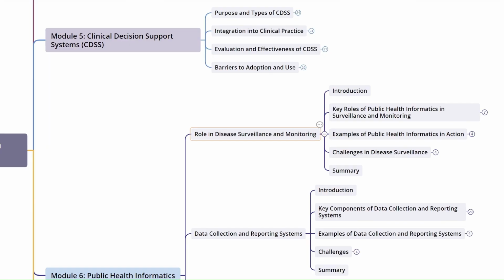This module begins by examining the role in disease surveillance and monitoring, where health informatics tools enable real time tracking of disease outbreaks, vaccination coverage, and health trends across populations.